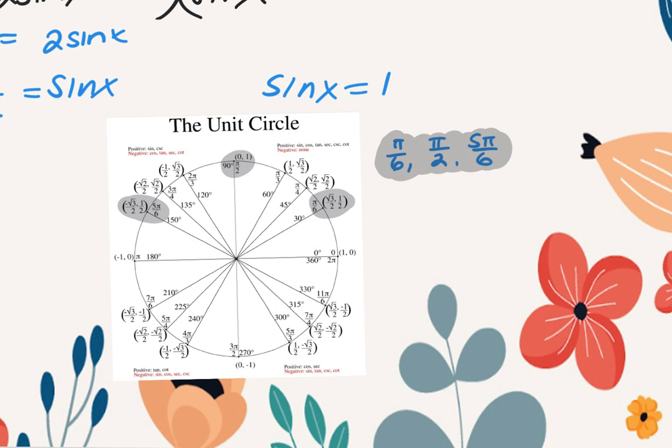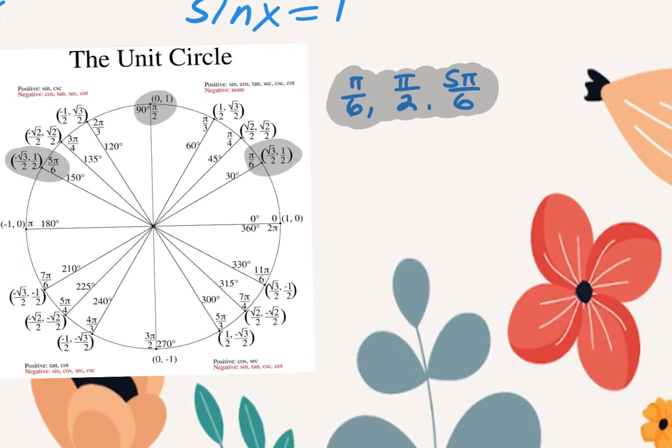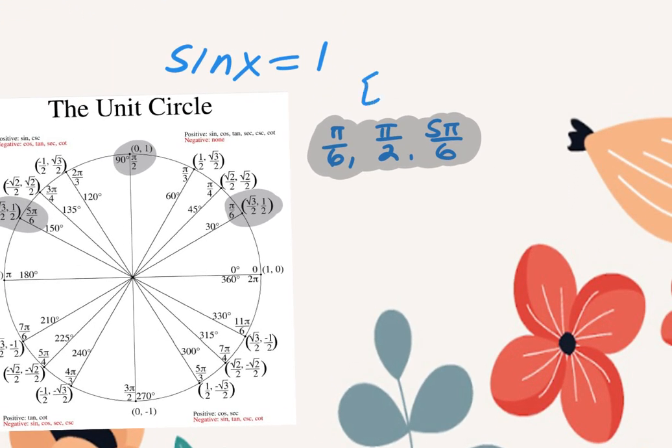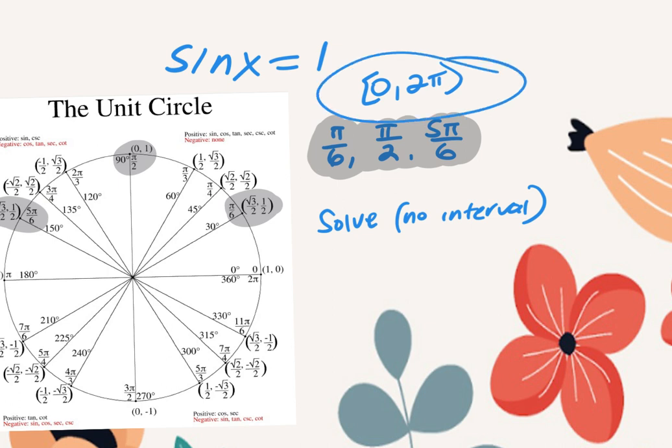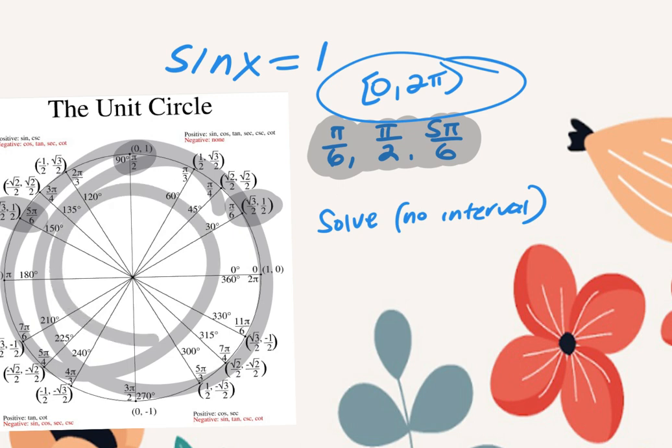So let's say it didn't say on the interval of 0 to 2 pi. This would be if it gave that instruction, 0 to 2 pi. And then let's say it just said solve and it didn't give the interval. If the instructions don't give the interval, then your answer has to have the interval. So this means use just what you see, your natural unit circle, everything that's here.